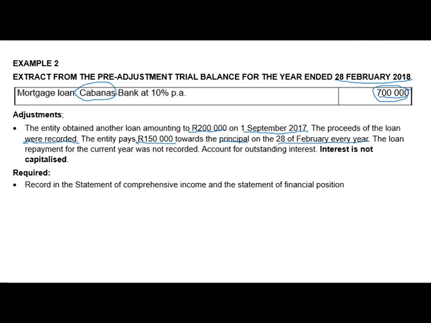The loan repayment for the current year was not recorded. So what did we record? The new loan, which is 200,000, but we did not record the 150. Guys, if 150 was recorded, it was going to be a long journey, okay? Why?